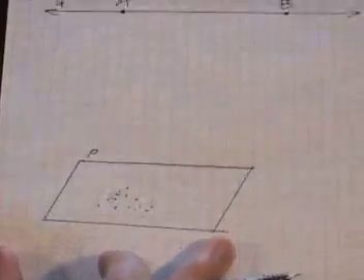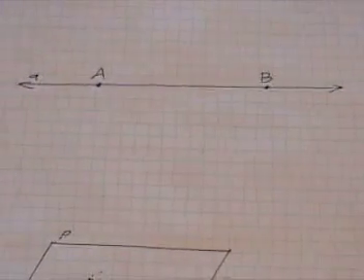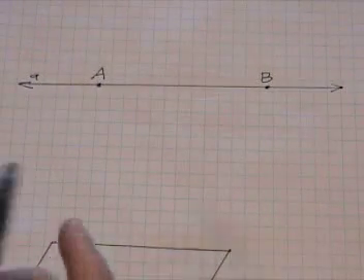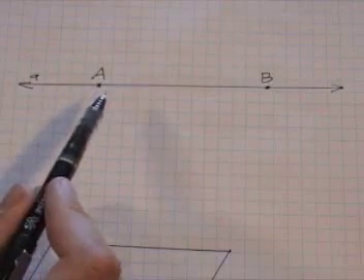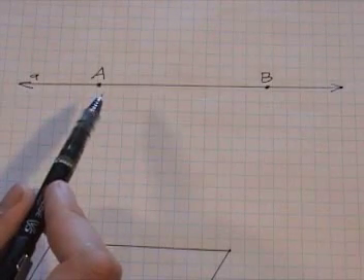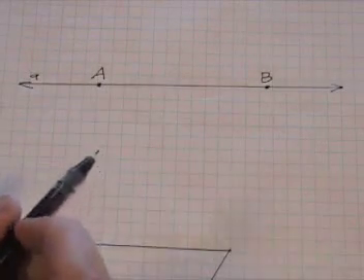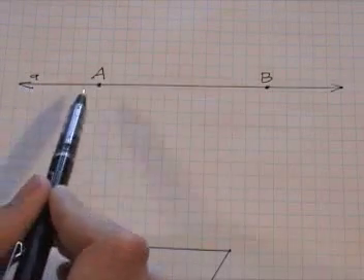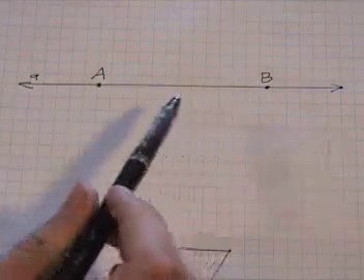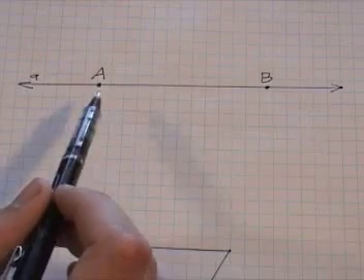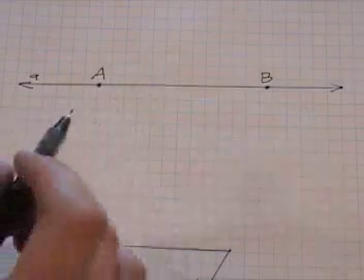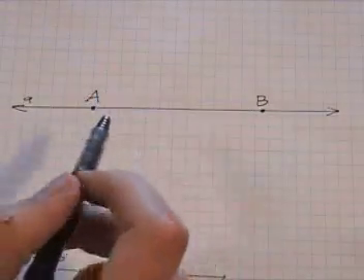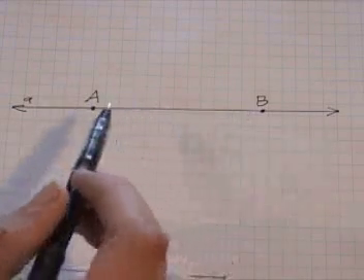Now let's go back up to this line here. Now when we're talking about this, we can call it line a, or we can use points on here to demonstrate that we're talking about this line. And the way you would do that is you just take any 2 points on this line.